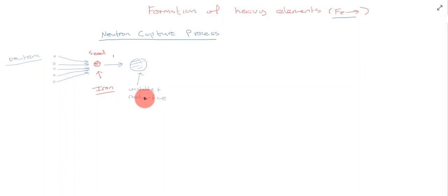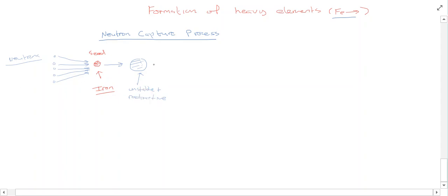We have some radioactive substances like uranium already at the moment, and they start to break down. This breaks down by a process that's called beta decay.